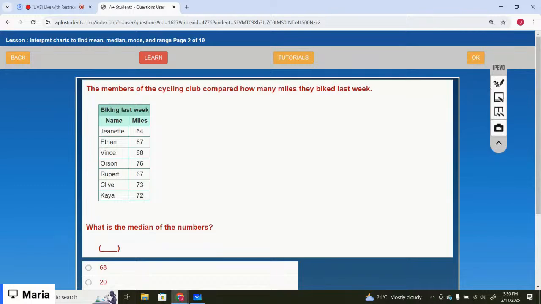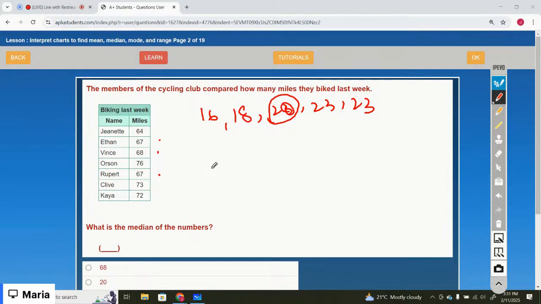The members of the cycling club compared how many miles they biked last week. What is the median of the numbers? You have to arrange them from least to greatest.